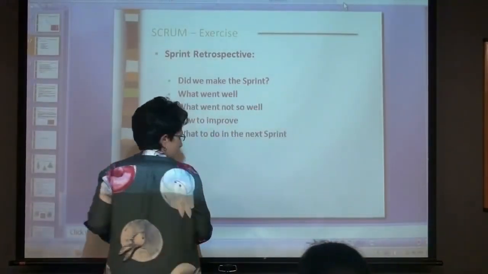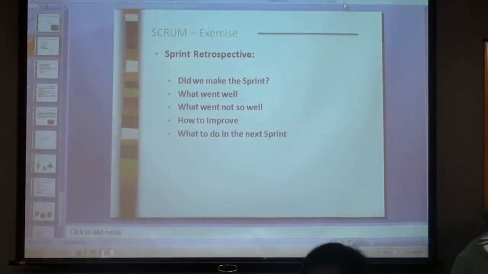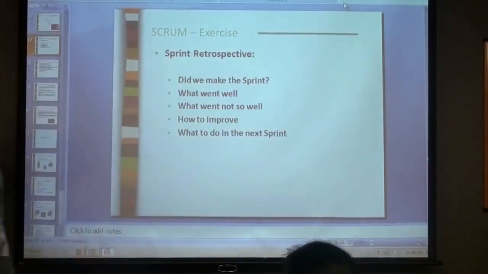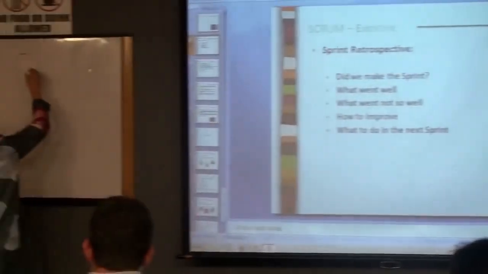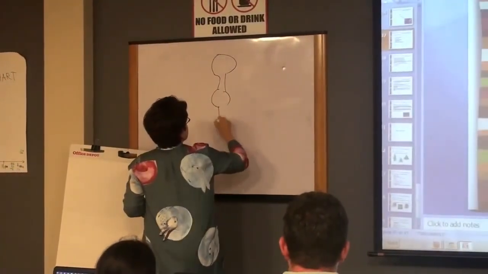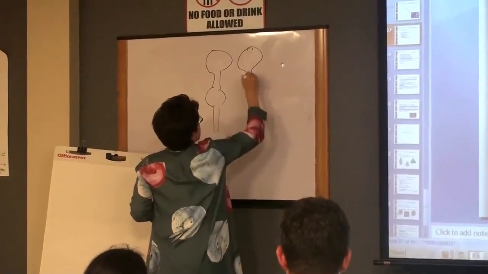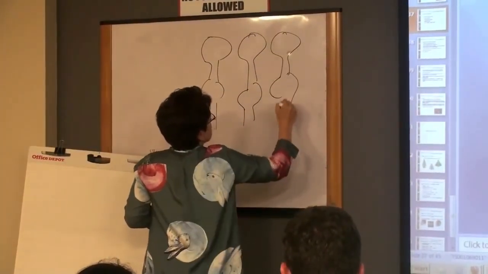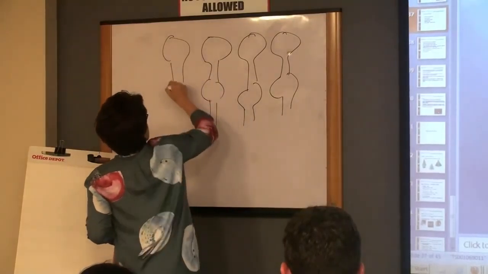Remember the picture that I drew in the beginning? Let's say we had 4 teams. This team was developing this set of features, and this team would develop this, and this team would develop something else.